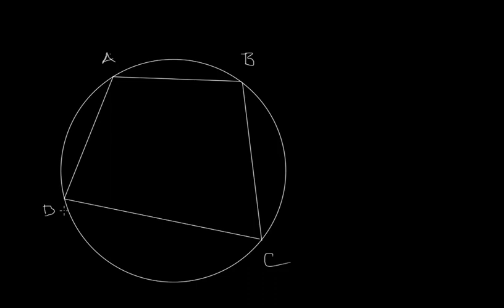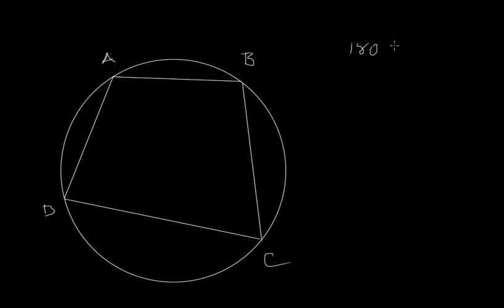When you're dealing with a cyclic quadrilateral, the principle that applies says that angles that are opposite each other in a cyclic quadrilateral should always add up to 180 degrees.